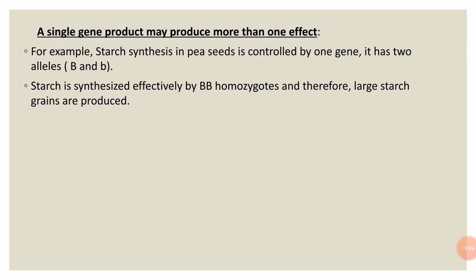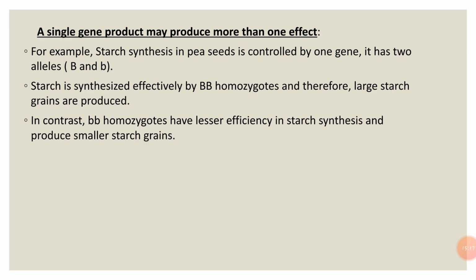Whenever starch is synthesized effectively, that will be in the homozygotes, capital B and capital B. So obviously those grains will be large in size. In contrast, whenever the seeds have the homozygotes small b and small b, they have lesser efficiency in starch synthesis and produce smaller starch grains, right?